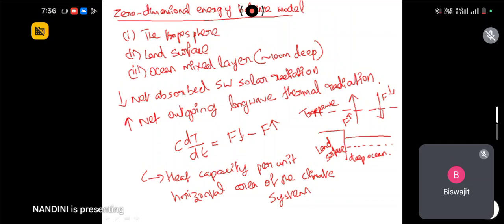And since 70 percent of the earth is covered by the ocean, C is basically 0.7 into the heat capacity of the ocean mixed layer.